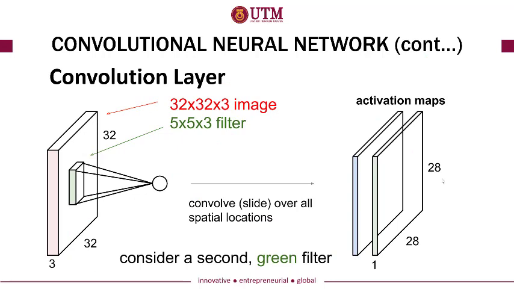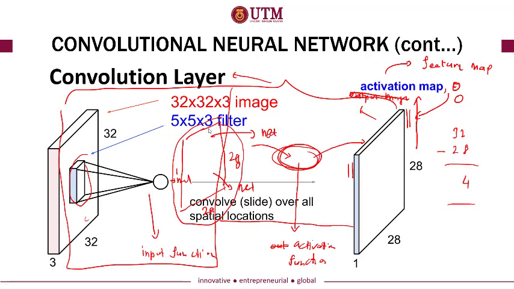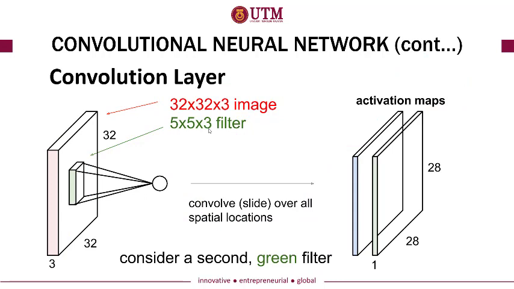In general, the size is similar, but the coefficients of the filter might be different. The W inside here is different. That's why we put the color here as green, just to make sure it's not confused with the blue filter, because the coefficients are different. So this is a second filter.